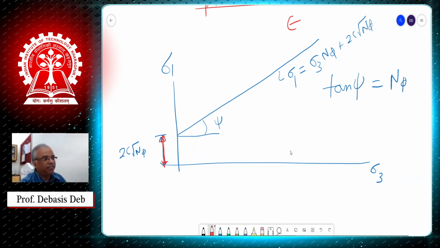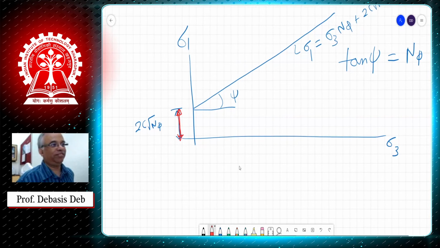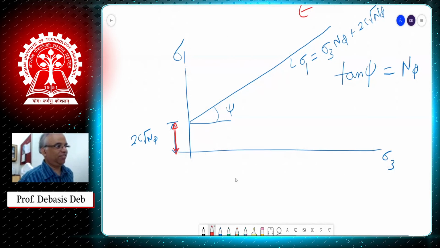What do we call it? 2c square root of N phi. UCS. Exactly. Can you tell me why? Sigma 3 is equal to 0, uniaxial compressive strength. Exactly right. So this is basically UCS.